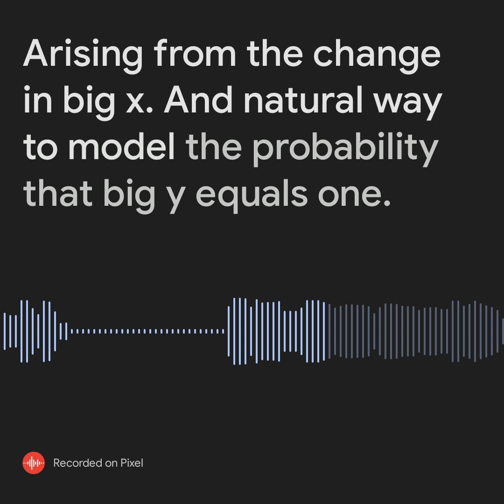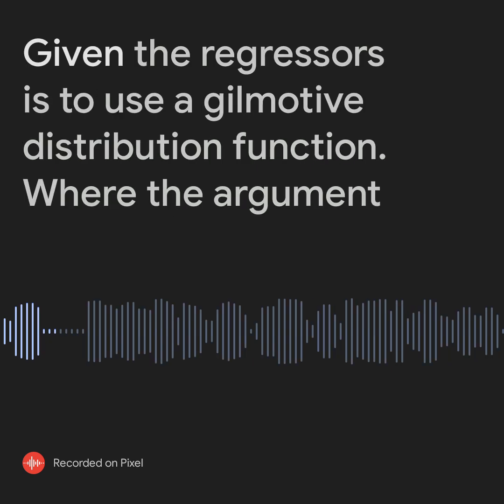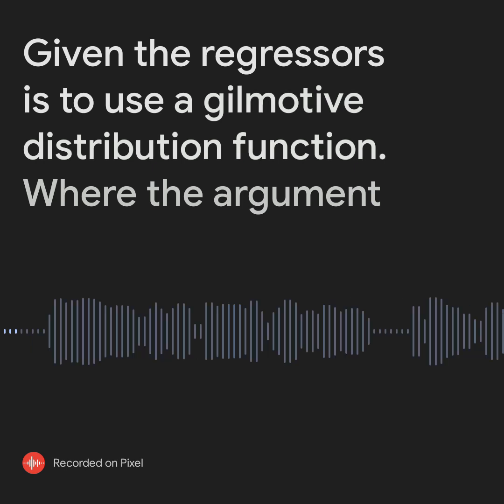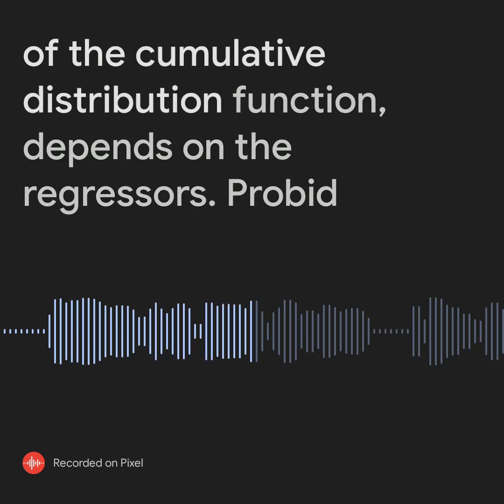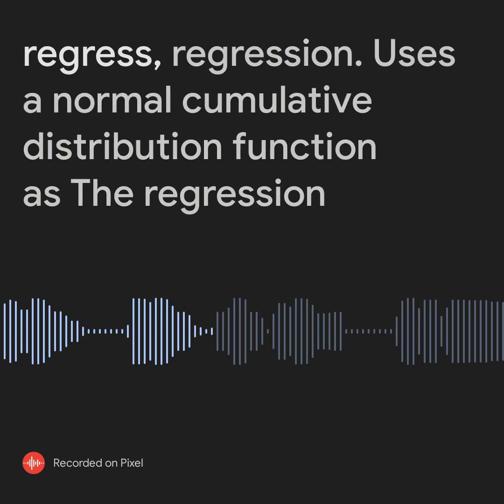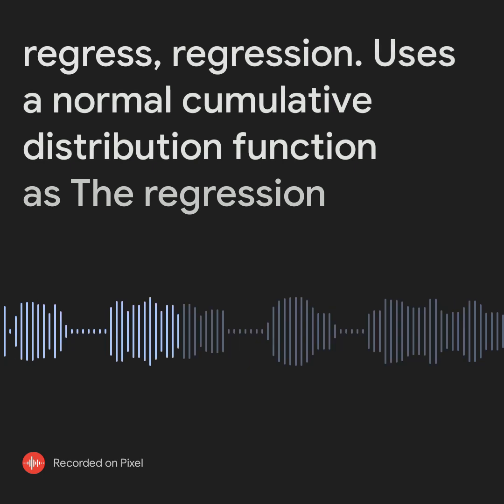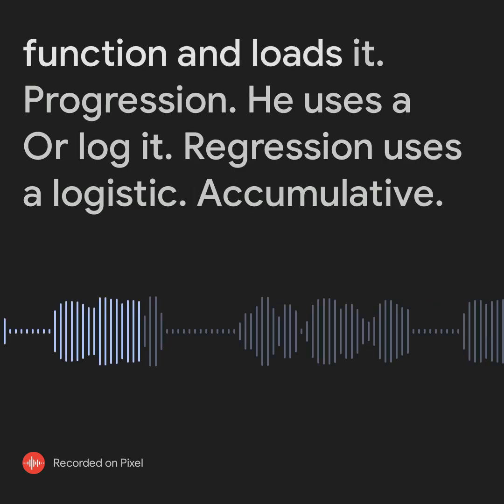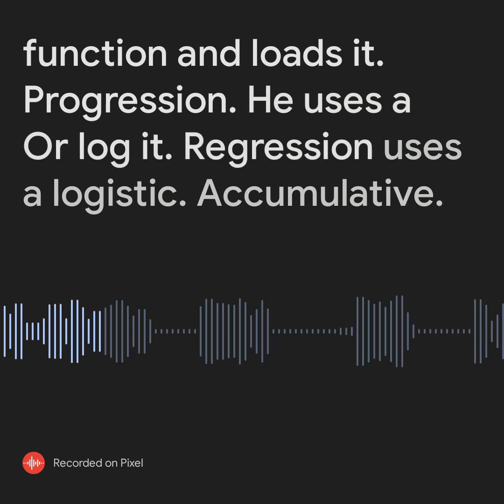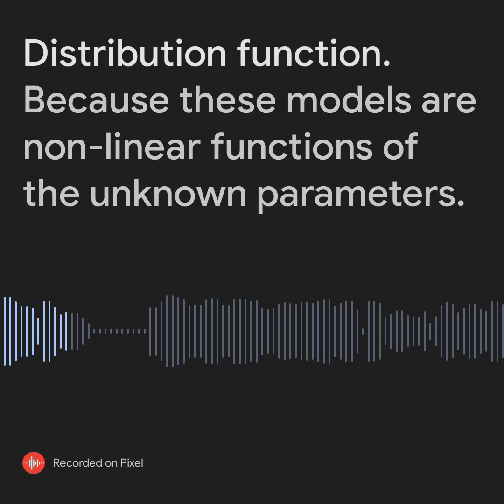A natural way to model the probability that big Y equals 1 given the regressors is to use a cumulative distribution function where the argument of the cumulative distribution function depends on the regressors. Probit regression uses a normal cumulative distribution function as the regression function, and logit regression uses a logistic cumulative distribution function.